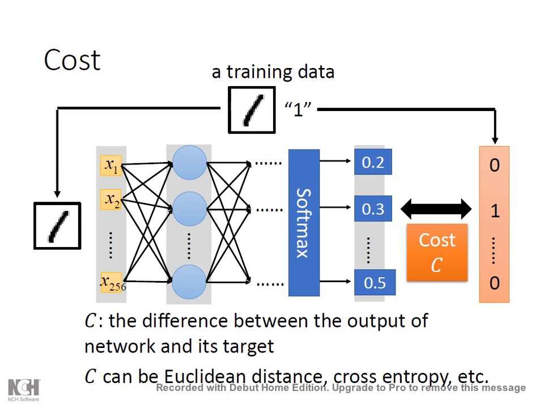So if your system's output and your ground truth are the same, the cross entropy will be 0, meaning they have no difference. It's the same case for Euclidean distance: if the distance is 0, the two vectors have no difference, they are the same vector. Okay, any problem?